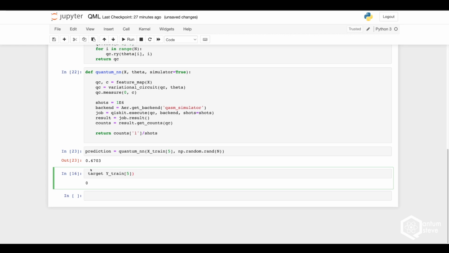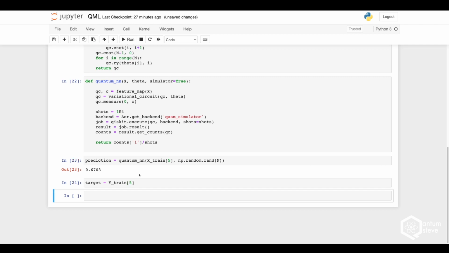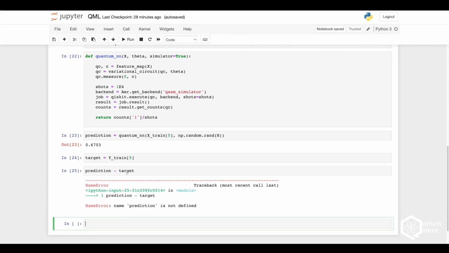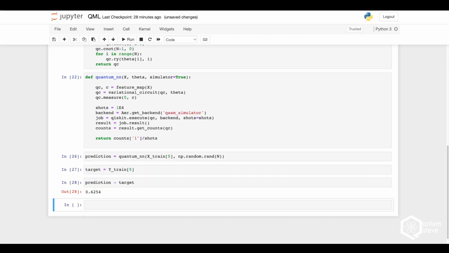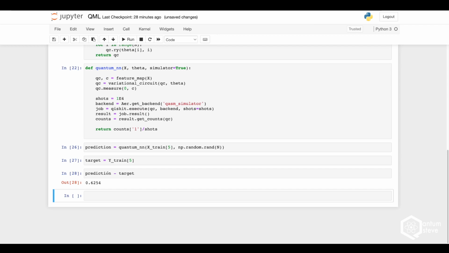And how can we compare these two? Because we basically want these two to be equal. We want the quantum neural network to output the target. So we could just write prediction minus target, right? So I just need to execute this cell. Okay, so this basically subtracts the two.